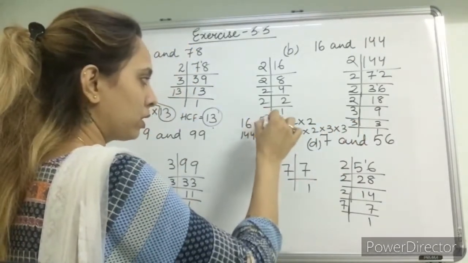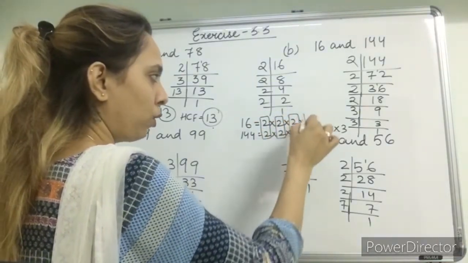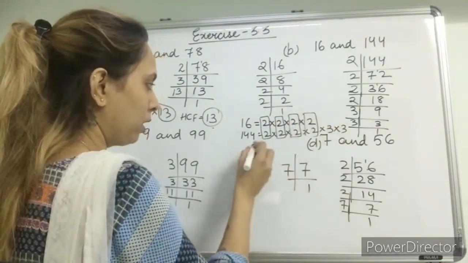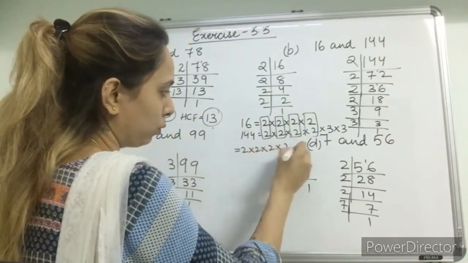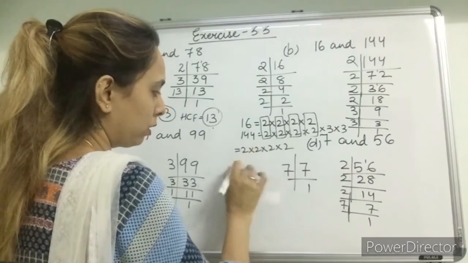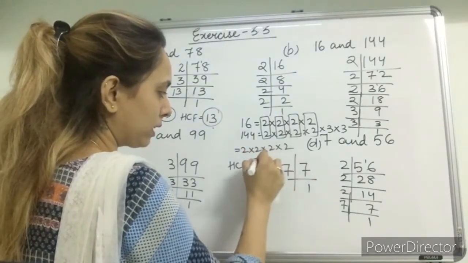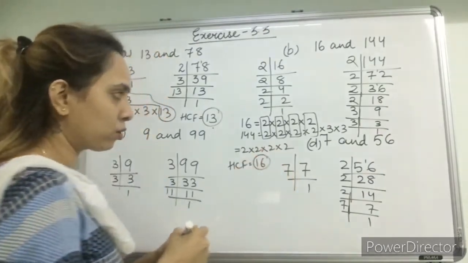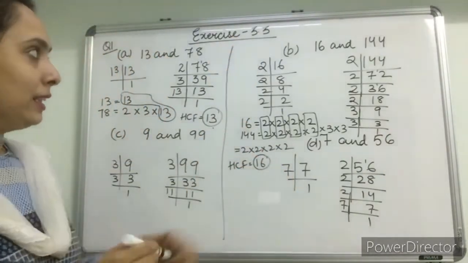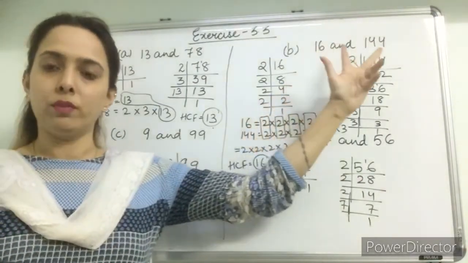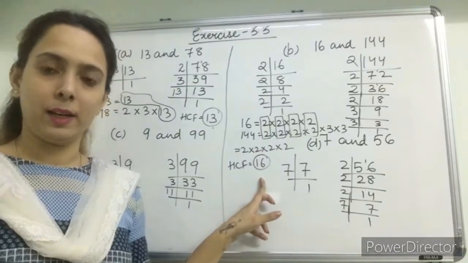So 4 times the 2 is common. So here 2 into 2 into 2 into 2, 2 to the 4, is 16. So here also you can see that the first number of these two numbers is the HCF again.